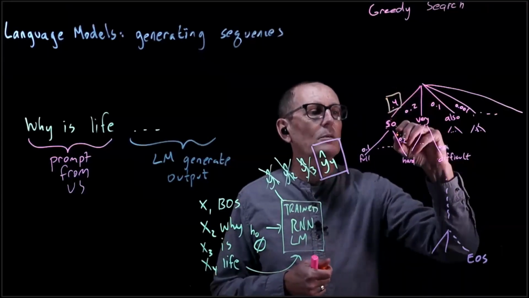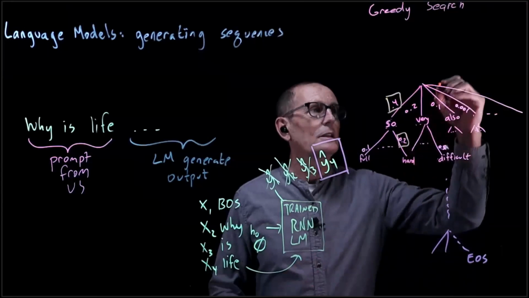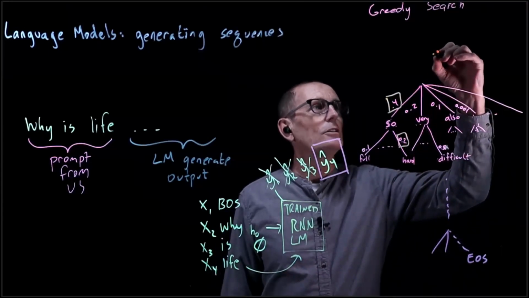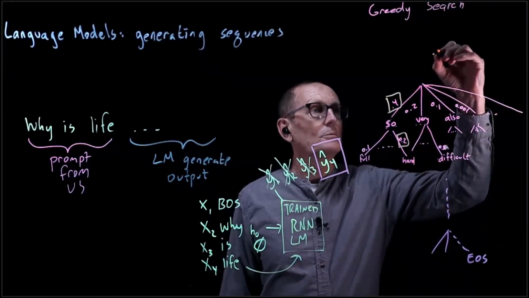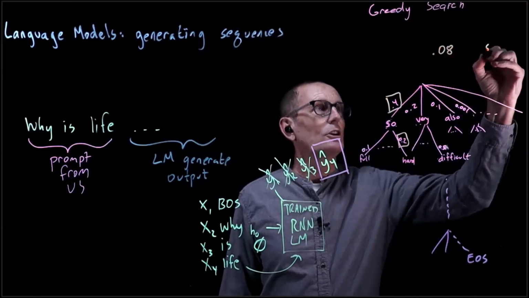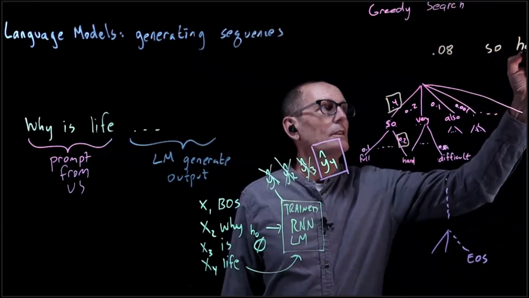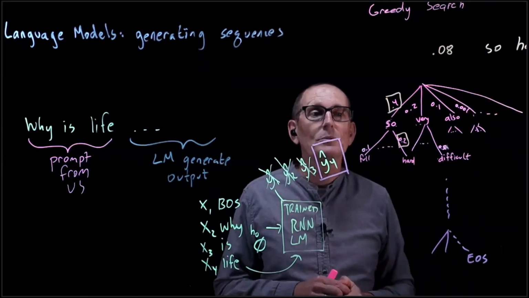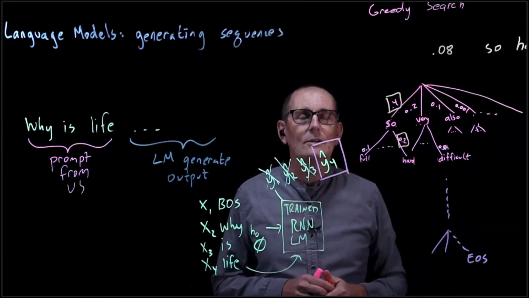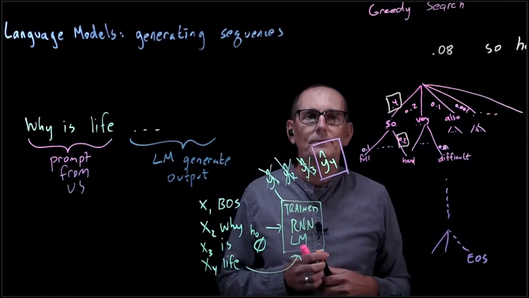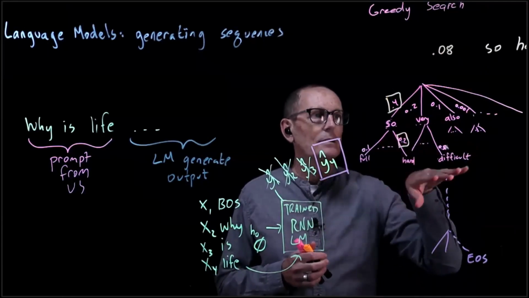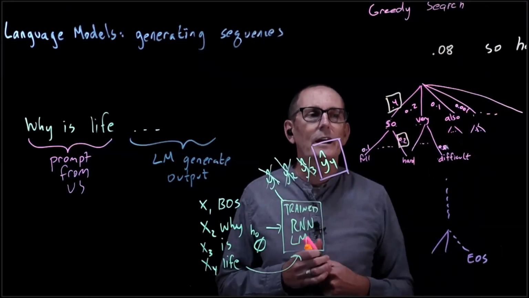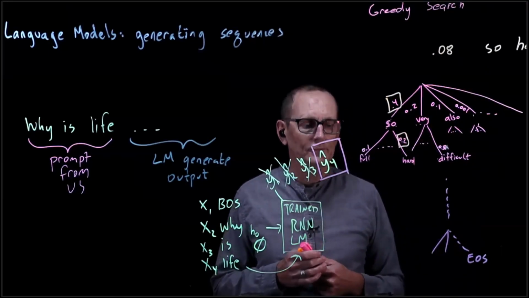We multiply this probability by this probability to get a total of 0.08 for so hard. And there's a reasonable argument to be made that what we should be choosing is the path with the very highest probability. Do we have a path in here of 2 words that has a higher probability than 0.08?